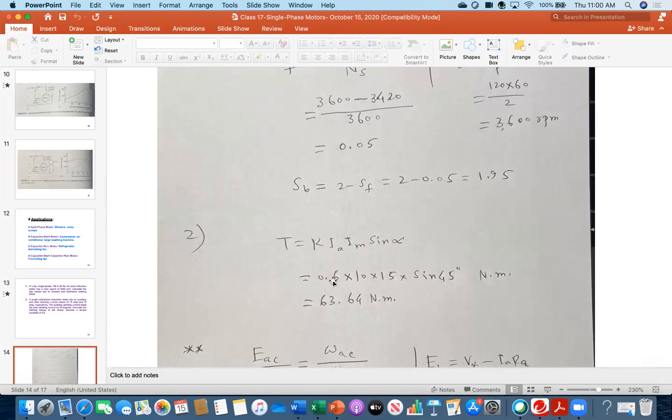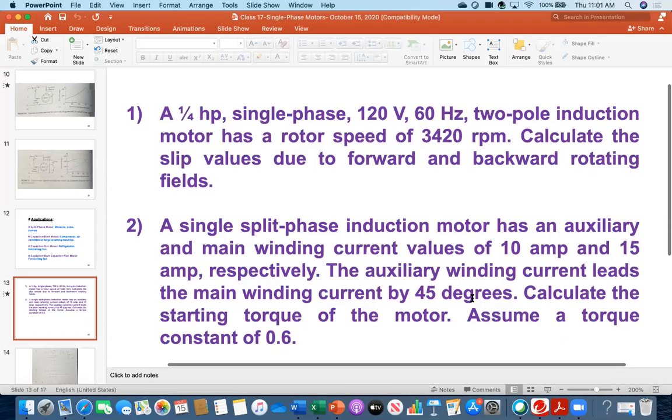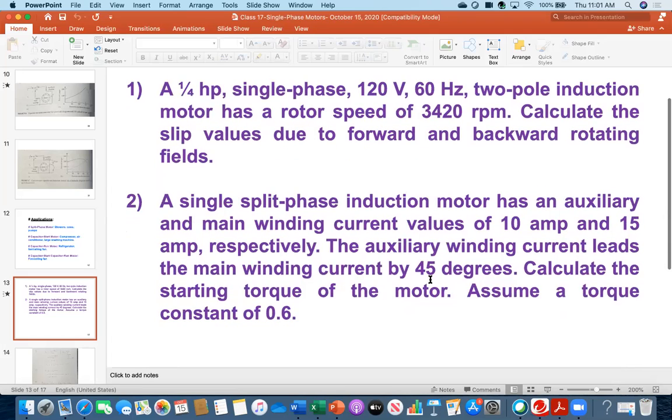K value is 0.6. Everybody look. The auxiliary winding current value is 10 ampere, Im is 15, and then sine alpha, where alpha is 45 degrees. Just keep in mind, instead of saying in the problem that the alpha value is 45 degrees, it says that the auxiliary winding current leads the main winding current by 45 degrees, meaning that is your alpha.